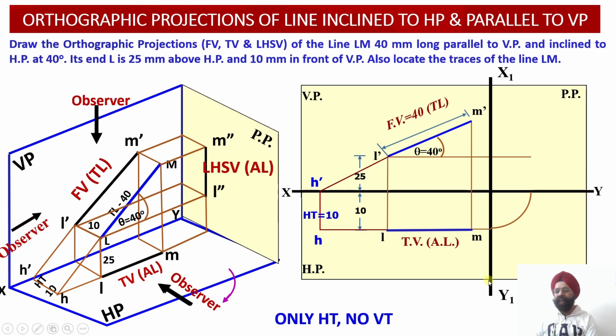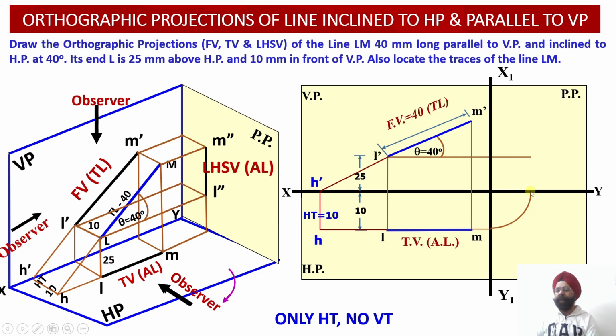Wherever these two reference lines intersect, we'll have our needle point. Open the compass equal to this distance of 10 millimeter in front of the vertical plane, and draw an arc which will transfer this distance of 10 millimeter in front of the vertical plane into the profile plane.